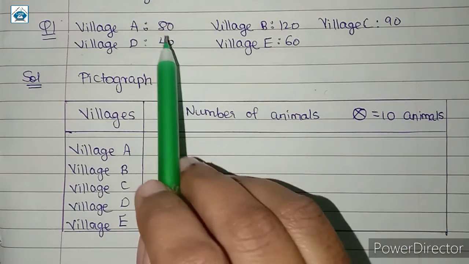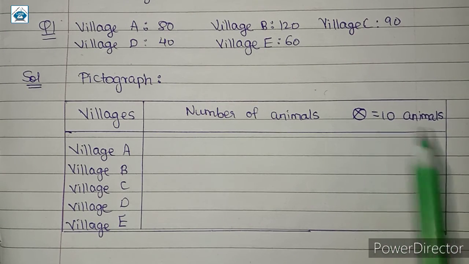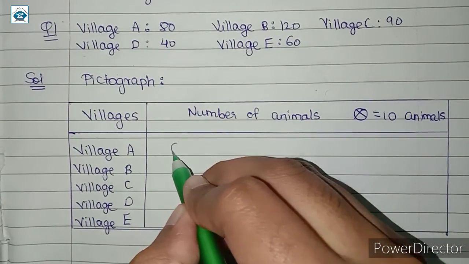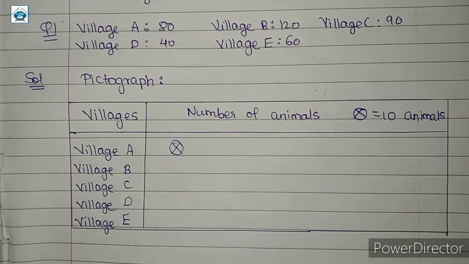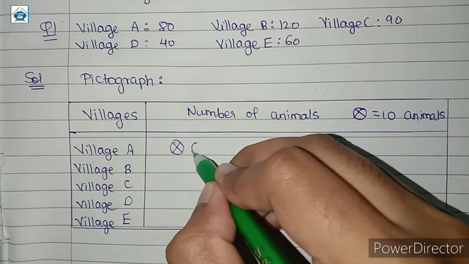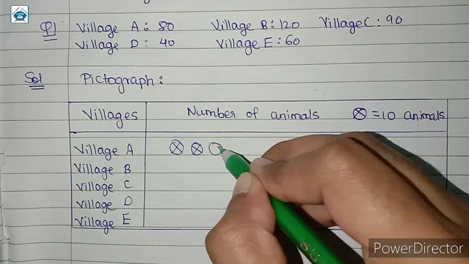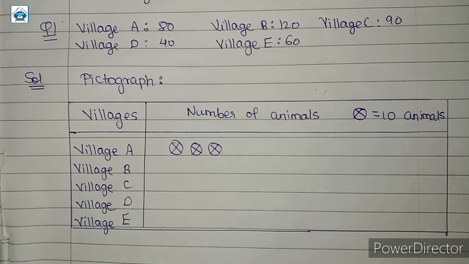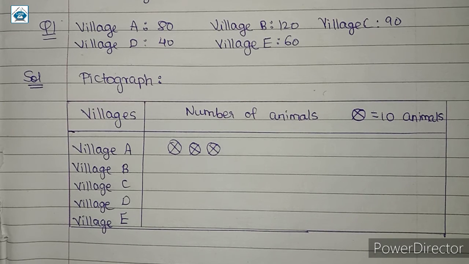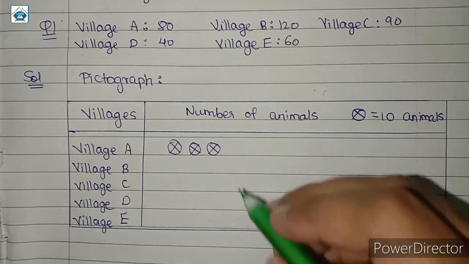For 80 we will have to draw 8 symbols. Because if I draw one symbol, then this represents 10 animals. Similarly, 2 such symbols represent 20 animals. If I draw 3 such symbols, then that means 30 animals. So if I draw 8 symbols, that means there are 80 animals in that village.